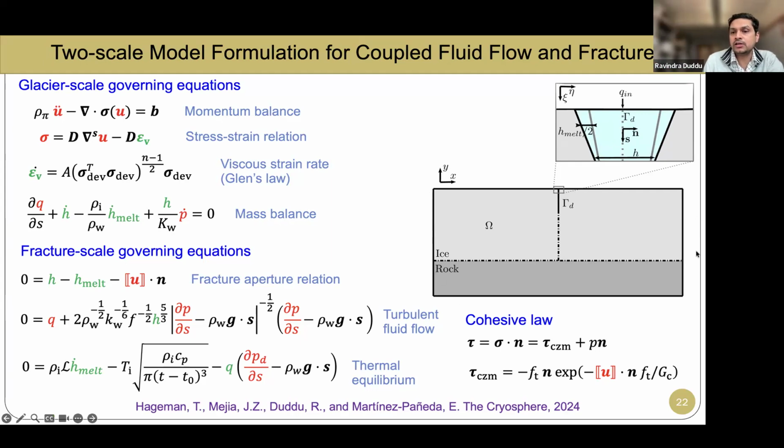So when we solve the glacier scale problem, the fracture is just a line and it's an interface. And we just solve for momentum balance, stress strain relationships go into that, and definition of viscous strains using Glen's law. But then we're solving the mass balance only on that line for the fluid flowing through the fracture.